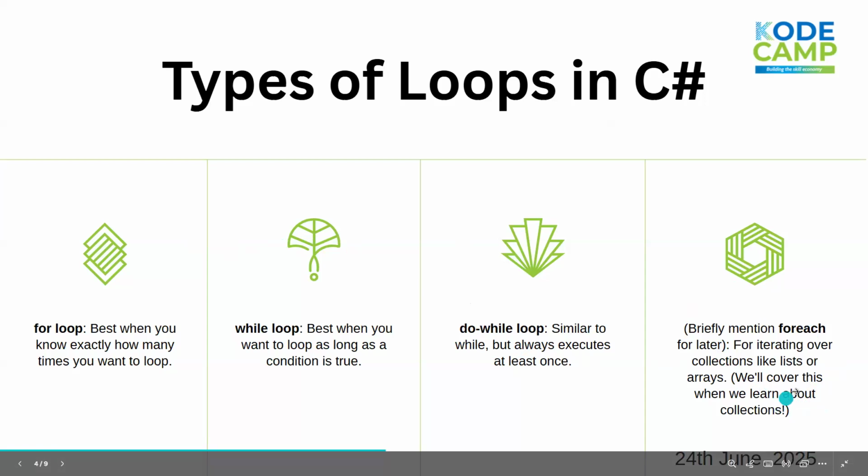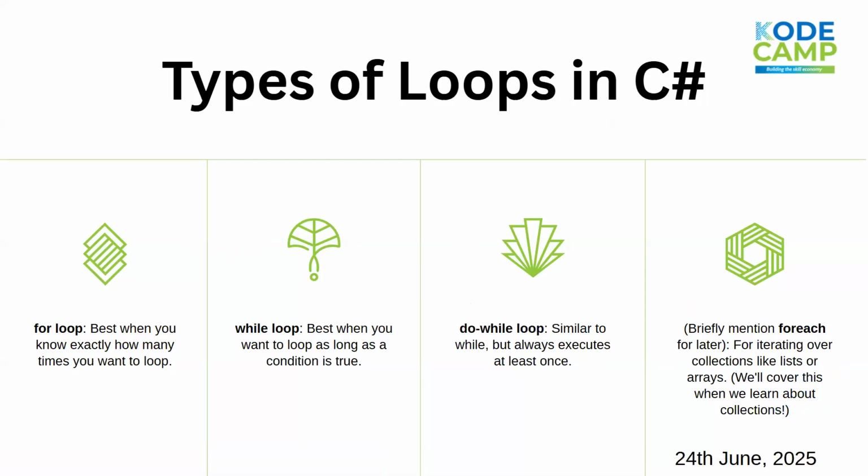We'll cover that in the next cohort when we talk about collections, lists and arrays. For now, we're still going to talk about the for loop, while loop, and do while loop. Let me know whether you guys can still hear me.